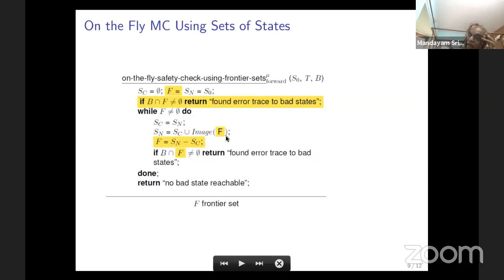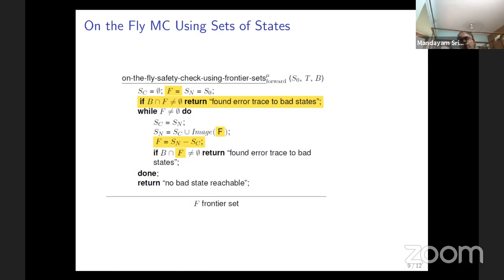You can eliminate that by looking at what are called frontier sets. So you only get the new set of states that you have not seen earlier, keep that in F, and then you can compute the image only on that.